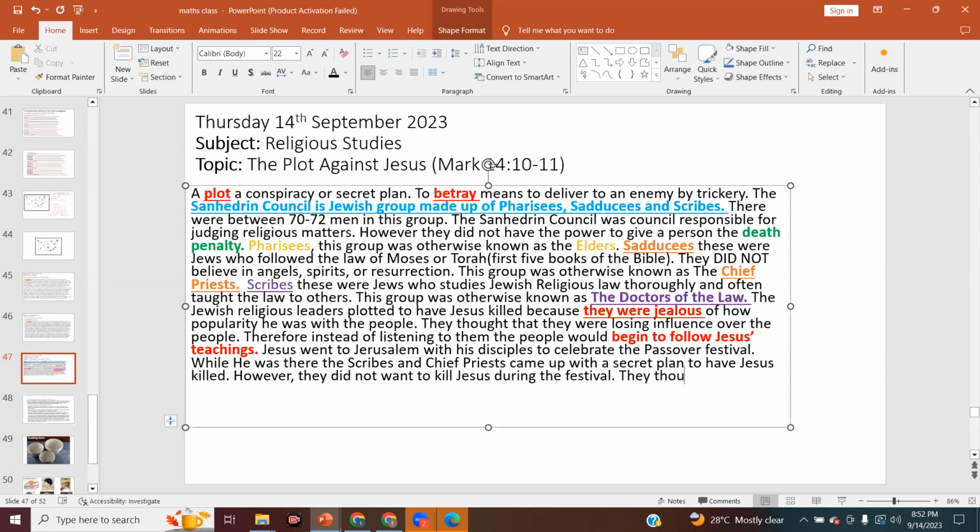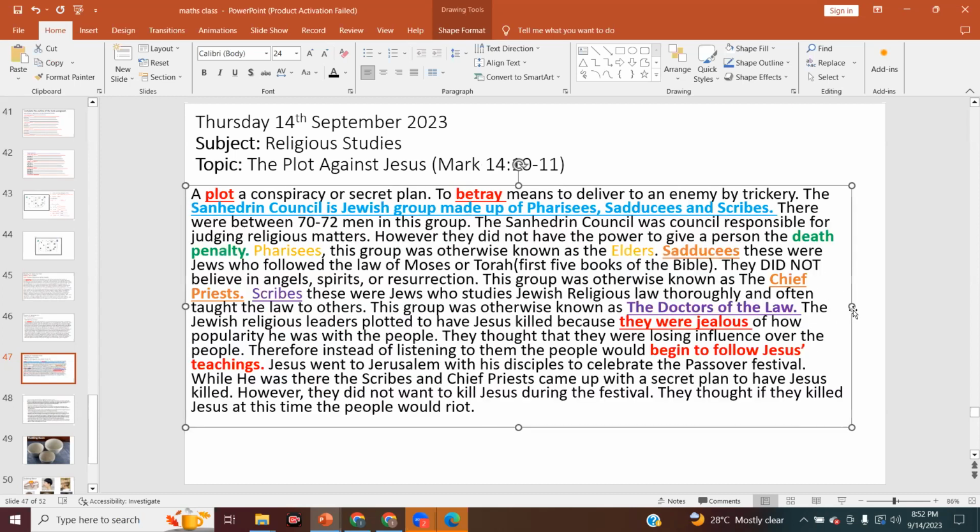They thought if they killed Jesus at this time, the people would riot. So imagine planning to kill someone, planning to put someone to death, and you call yourself a religious leader? That is just wicked.